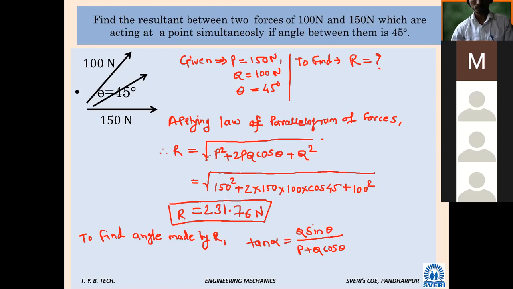So 70 point. Just check. P is 150 plus Q cos 45.